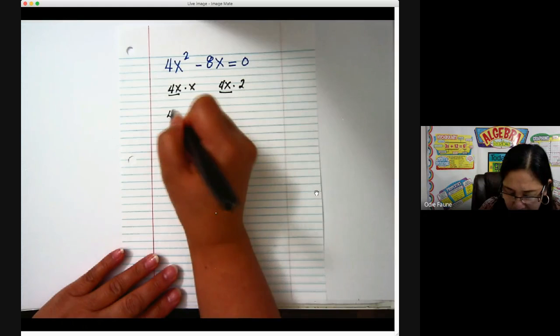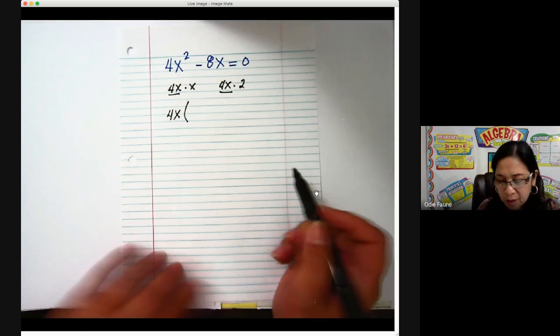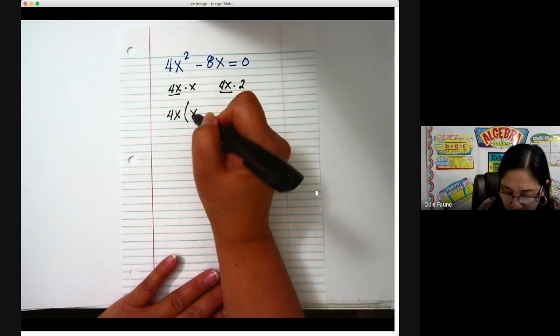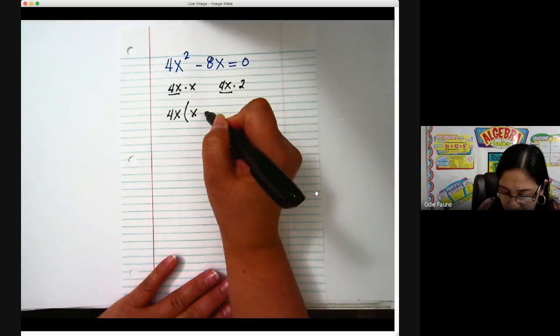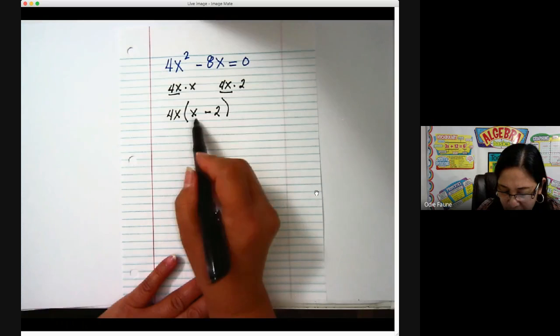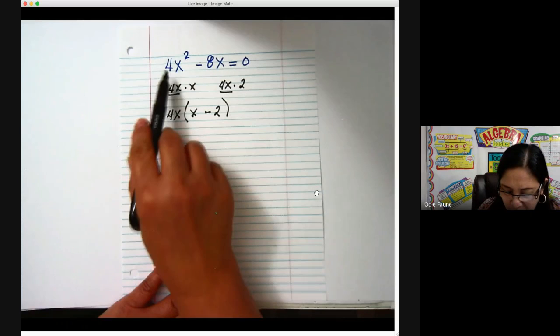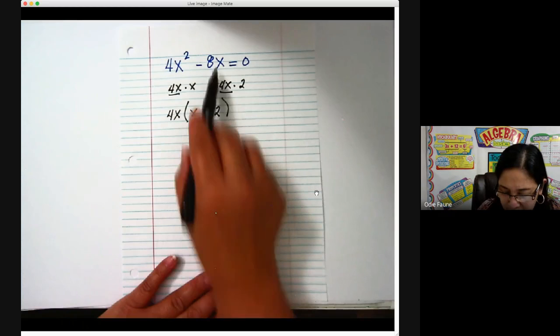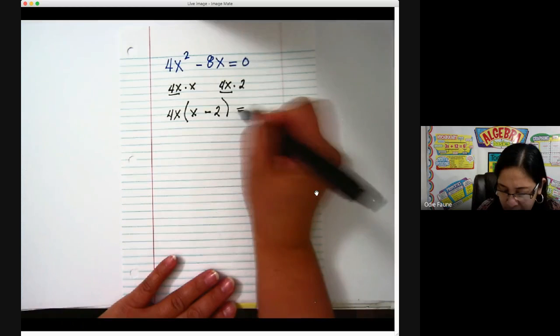Factor it out. And then what is left here is just x. And then on the other side is negative 2. So 4x times x is 4x squared. And 4x times negative 2 is negative 8x equals 0.